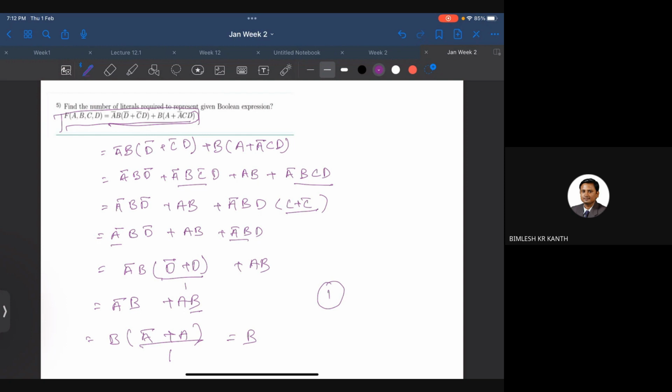After simplifying, it became B only, so the cost will be reduced. Someone asked why such a big expression or circuit was there in the first place. Suppose you are performing some logical operation and writing it, you are not focusing on optimization, you are just writing whatever comes to mind. The next step, after creating the circuit, is to simplify it.